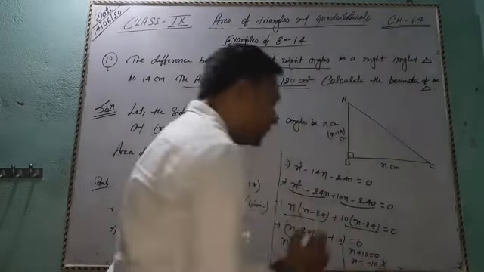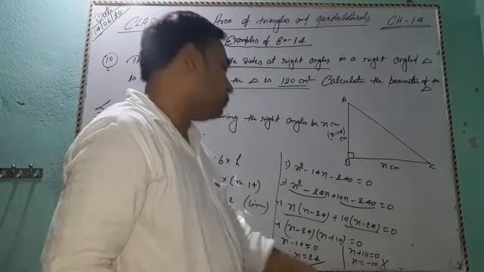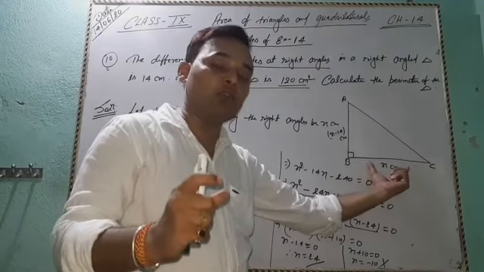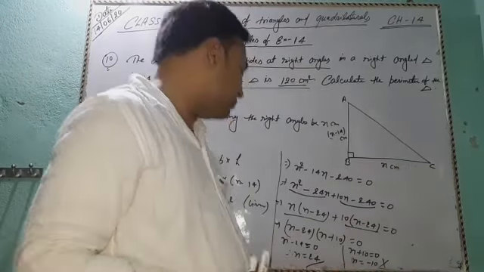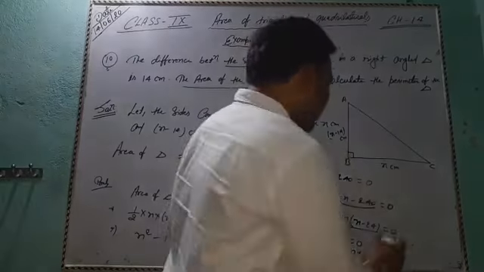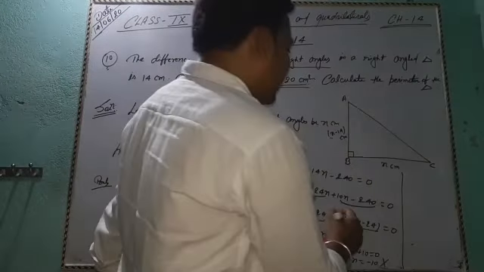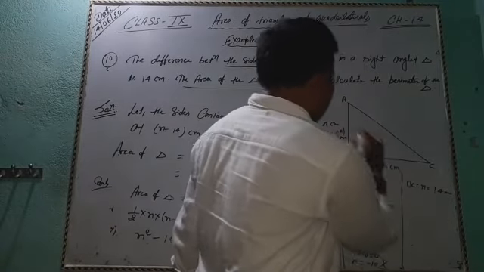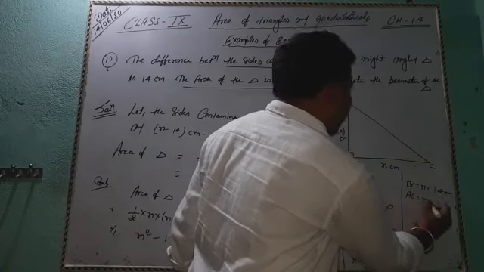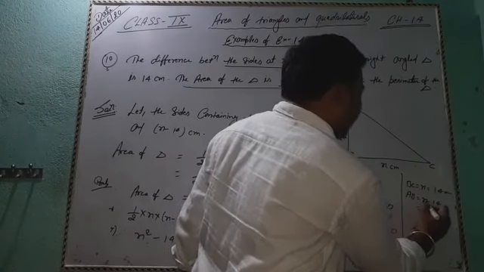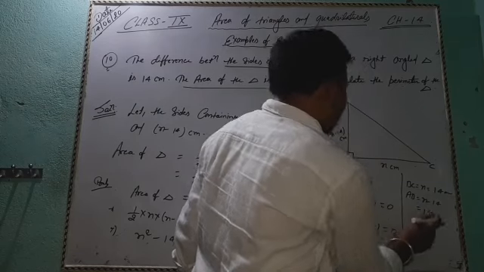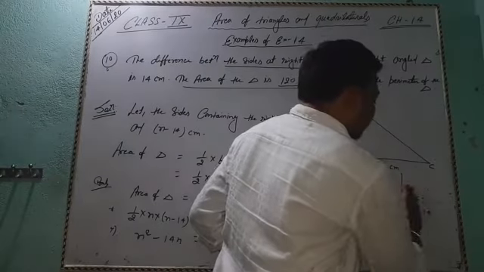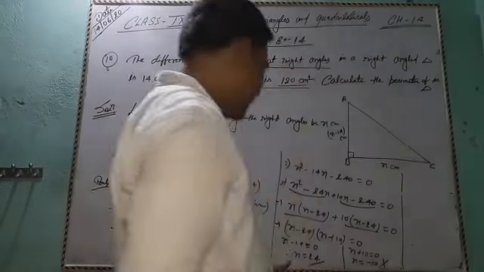This is impossible, because the length of any side cannot be negative. So x equal to 24.